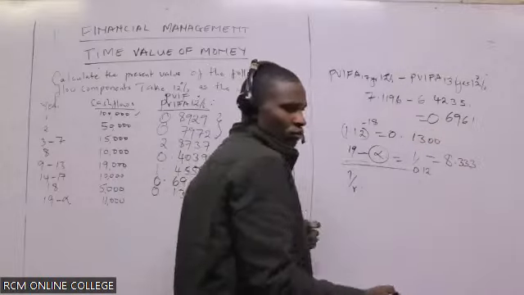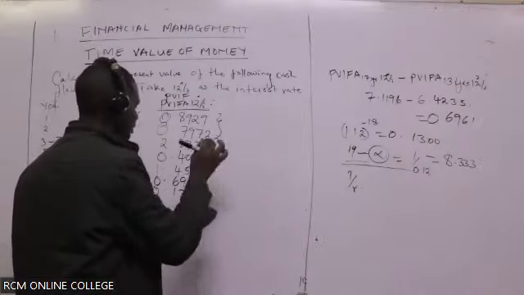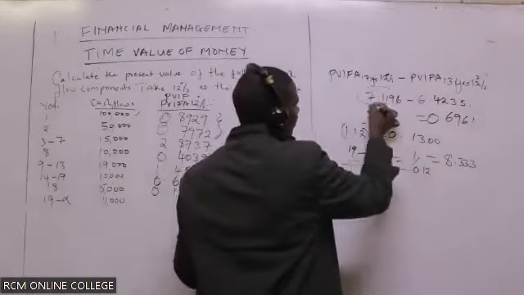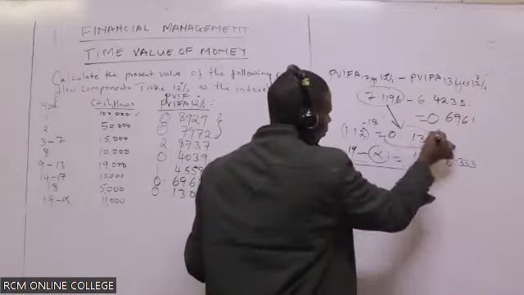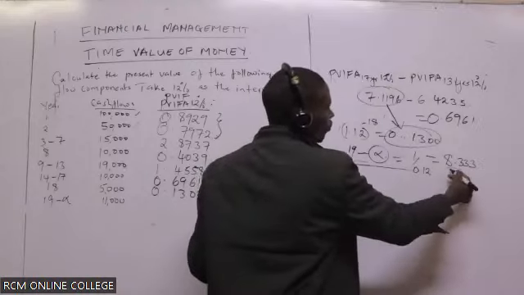0.1300. So instead of me saying 8.333 minus this minus this minus this, I just come here. The 17 years was this, I add this of 18, so I have already got that of 18. After adding, I subtract from 8.333.